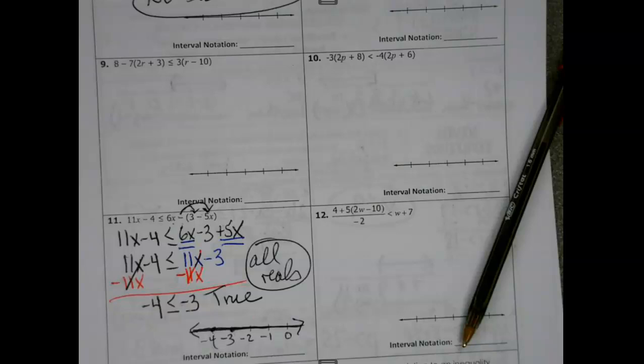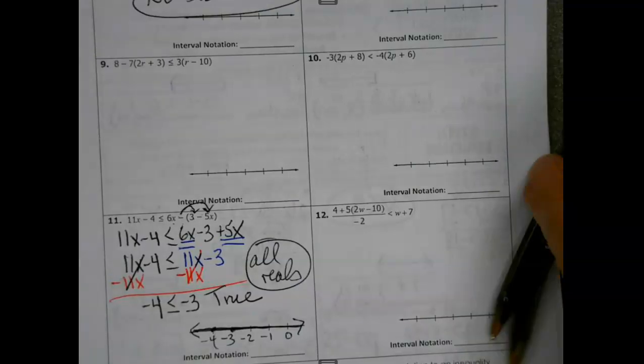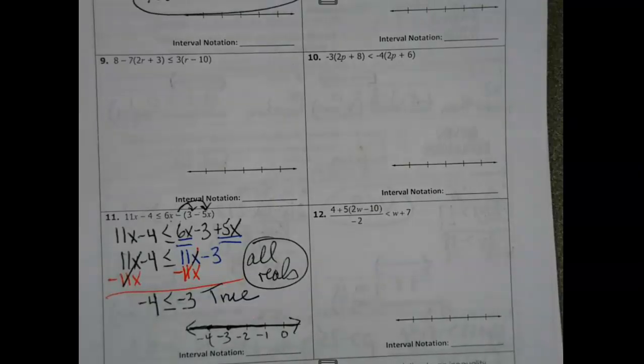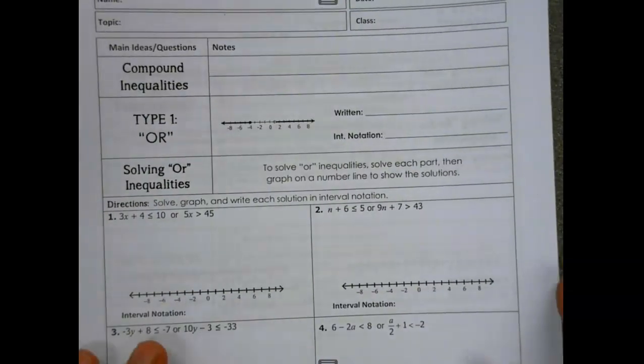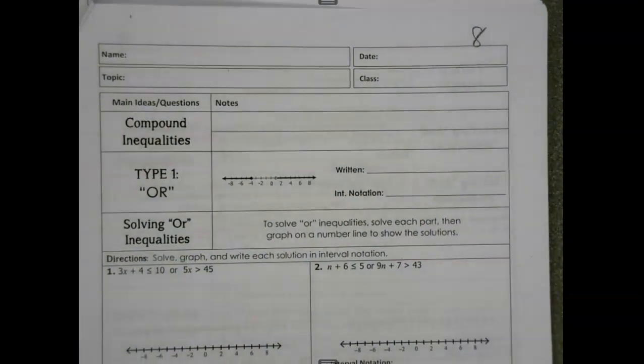Now again, is that going to happen a lot? No. But if it does, now you've got something to look back at, and see how that would work. Okay? We're going to roll that into what we're doing today. So, flipping over here to page 8.